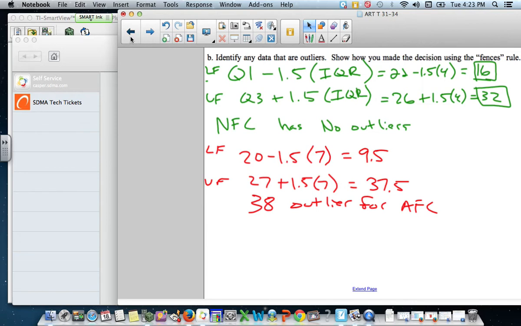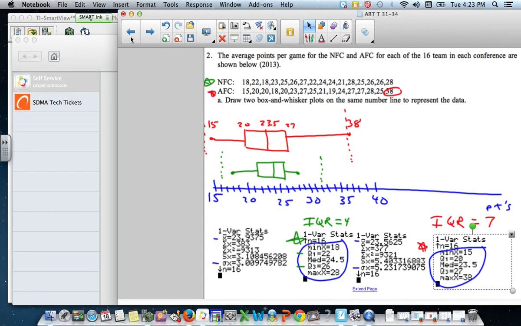For the next part, I'm going to look at the pictures. As I'm looking at these, the two graphs look pretty well balanced. I would accept symmetric as an answer for both. If you did look at this, especially the top one here, you might be tempted to say right skewed because of this longer whisker to the right here.